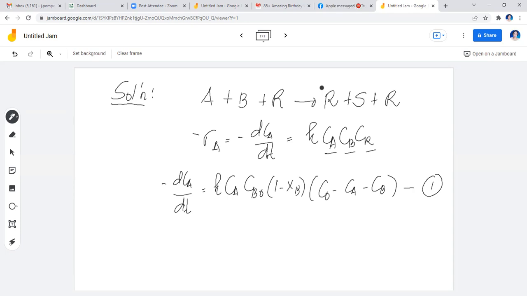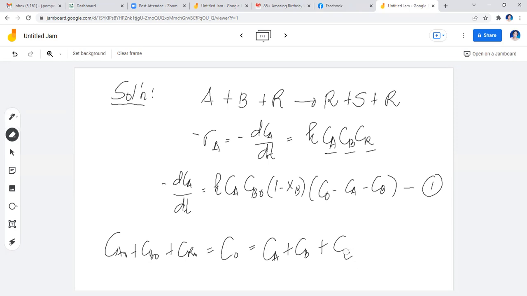At any particular time in your reaction, the sum of the concentrations should be the same. So what I'm saying is this, CaO plus CbO plus CrO, which is equal to C sub O, is equal to C sub A plus C sub B plus C sub R. Do you follow?